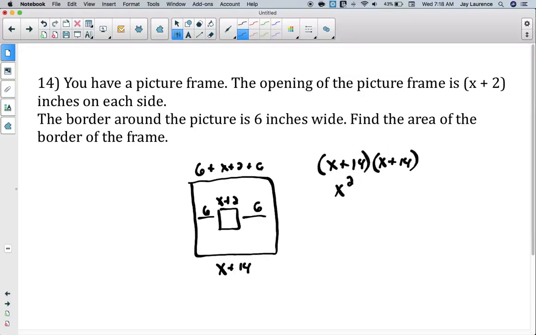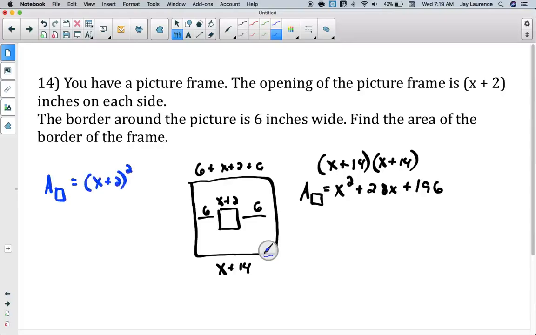So I'm going to get x squared plus 28x plus 196. Now the little square, area of the little square, is going to be x plus 2 times x plus 2, which is x squared plus 4x plus 4.